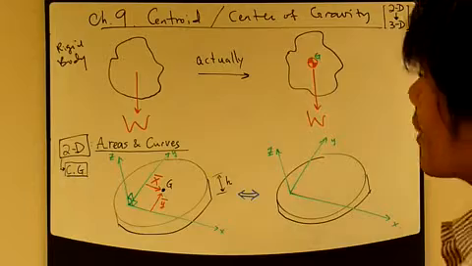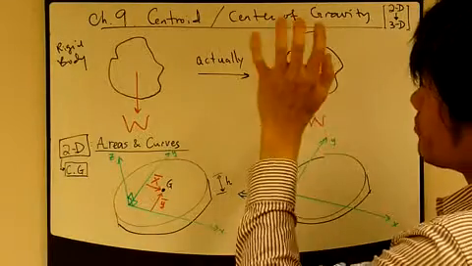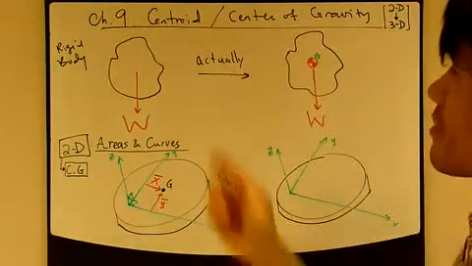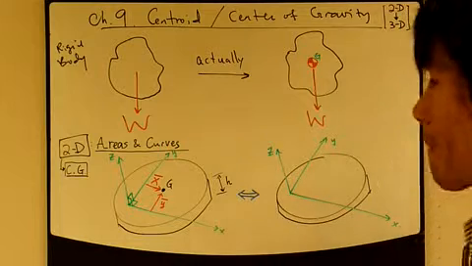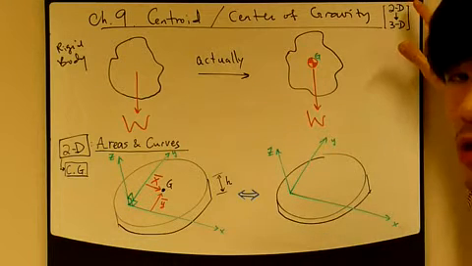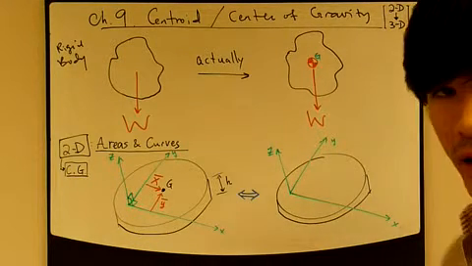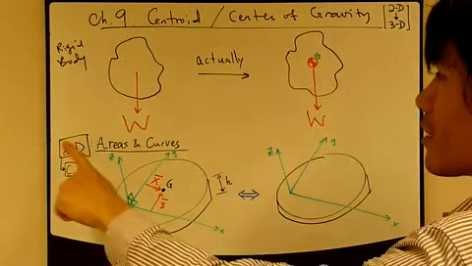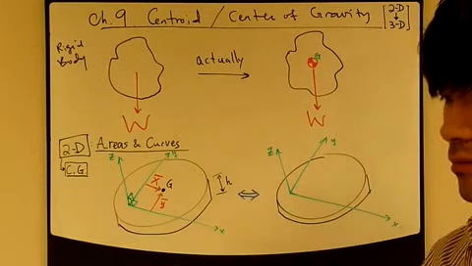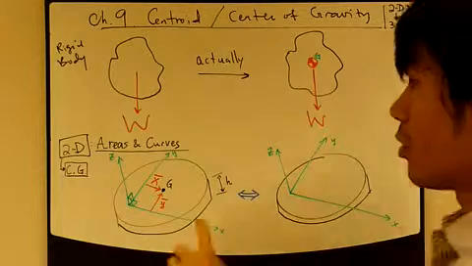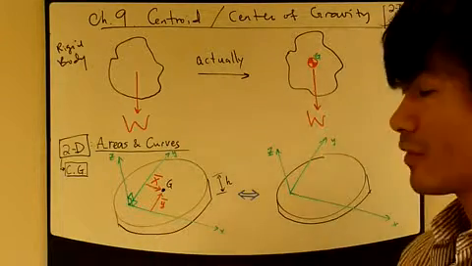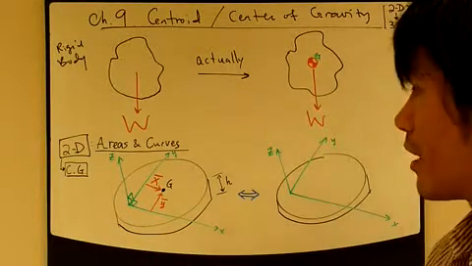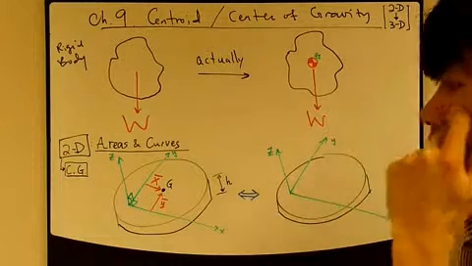Now, to study the methods to find centroid or center of gravity, we need to first look at the 2D case and then extend it to 3D. So let's focus on 2D first. For 2D, we'll be looking at areas or curves, or lines. Now, let's look at area.